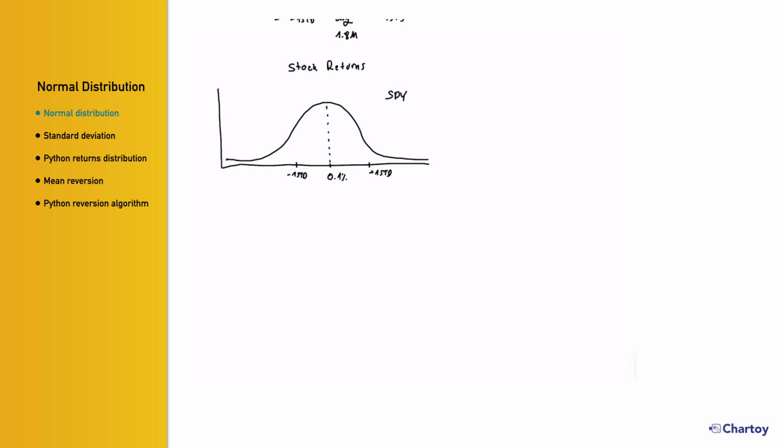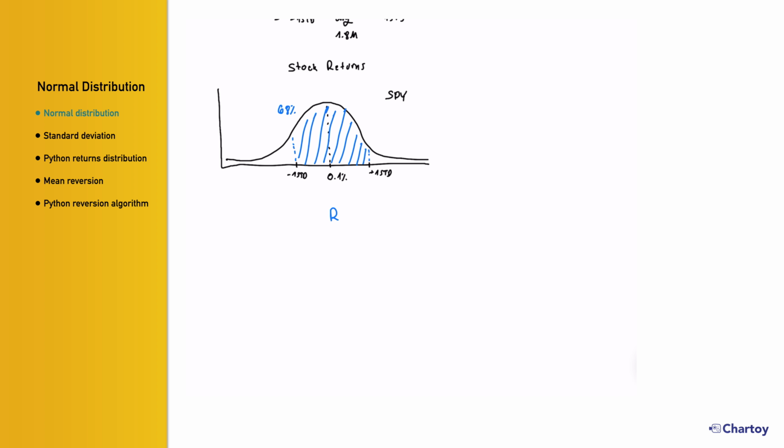And as we have seen before, 68% of the results, in this case the daily returns, will be between these two values, -1 STD and +1 STD.